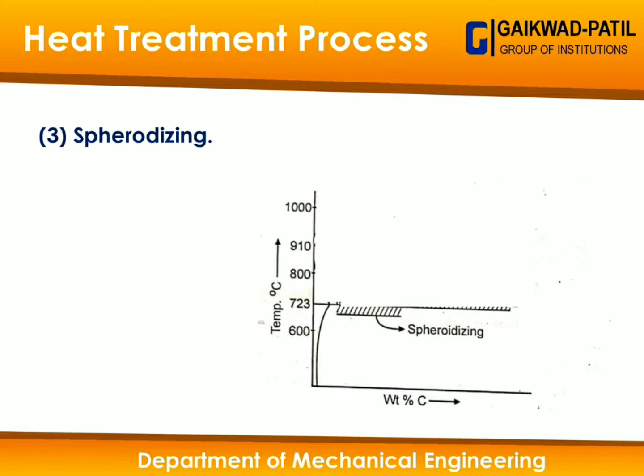In this cycle, the metal is heated to 910 degrees centigrade, that is the austenization temperature, and allowed to cool down to below 723 degrees centigrade. At this temperature, we need to keep it in an isothermal condition for about 3 to 4 hours. Then we'll get a spheroidized structure of the cementite in the steel.